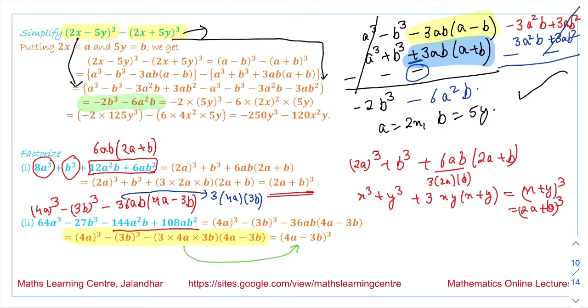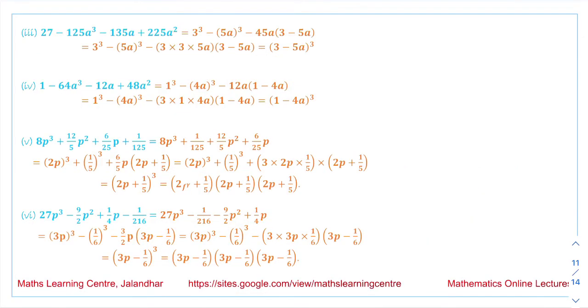Similarly, in the next question we have 27 minus 125a cube. So 27 we can write as 3 cube, minus 125a cube means it is (5a) whole cube. From the next two terms we can take minus 45a common, and what we are left with is (3 minus 5a).